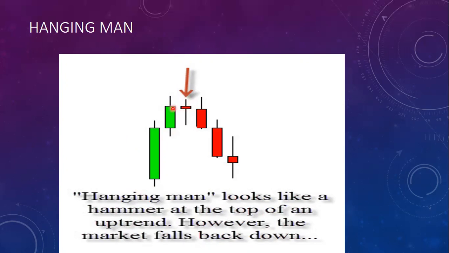It gives us a signal that the price will change and come down, from up to down. When the hanging man comes on the top, it's a signal for changing price from up to down. It's a very important candle called the hanging man.